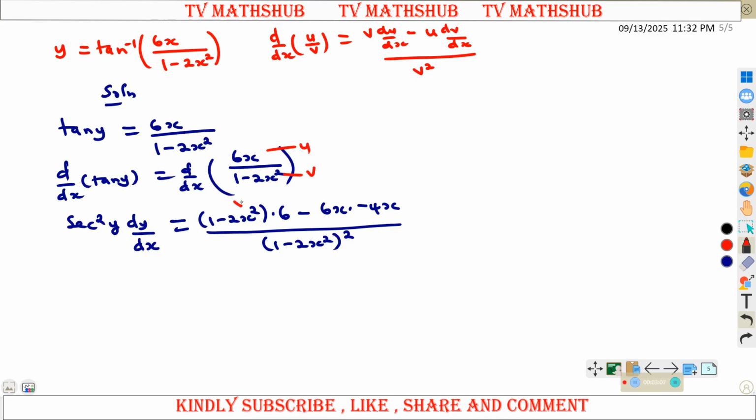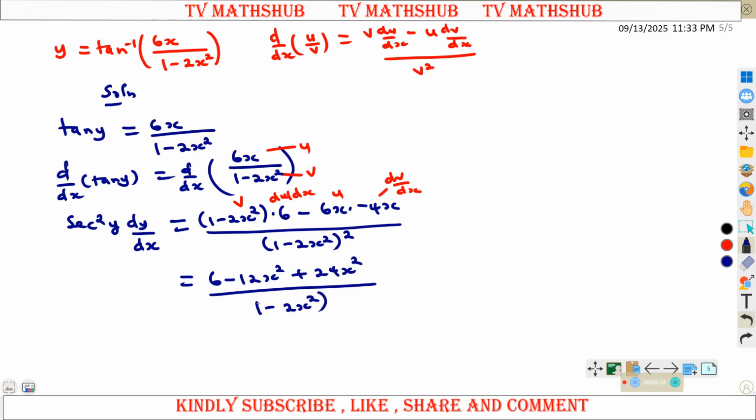You have this as v, this as du/dx, this as u, and this as dv/dx. Looking at that, we can simplify this to be 6 minus 12x squared, plus 24x squared, but we are dividing this by 1 minus 2x squared, and the whole of this is again squared.